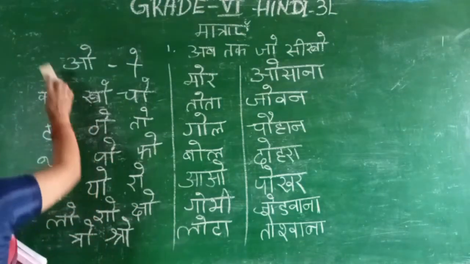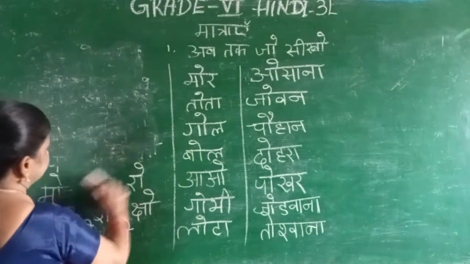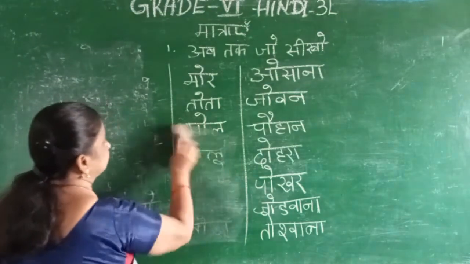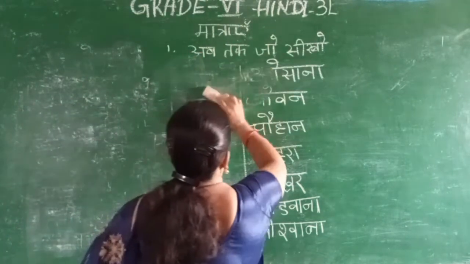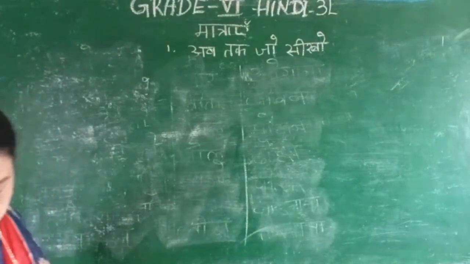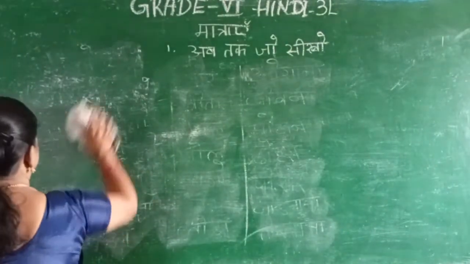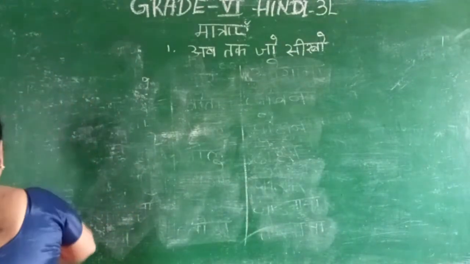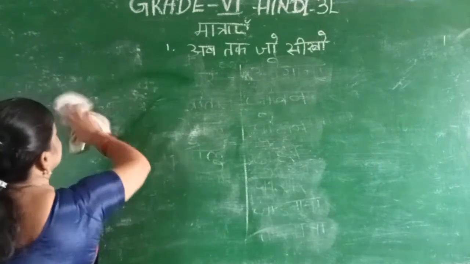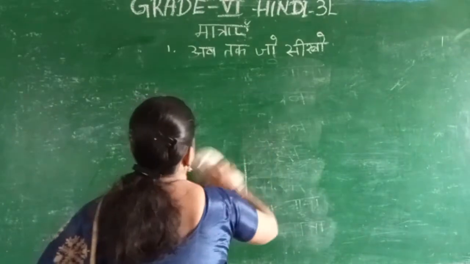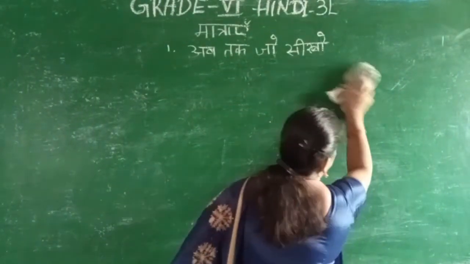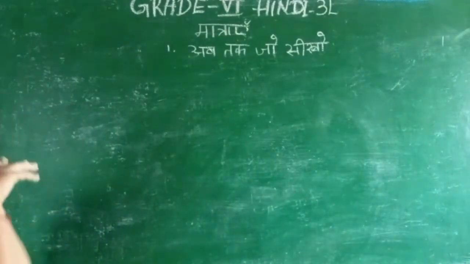What is that? Au ki matra words. And next one, what?